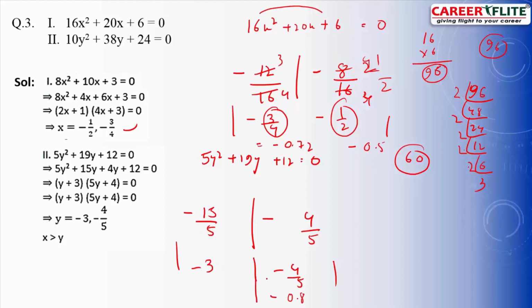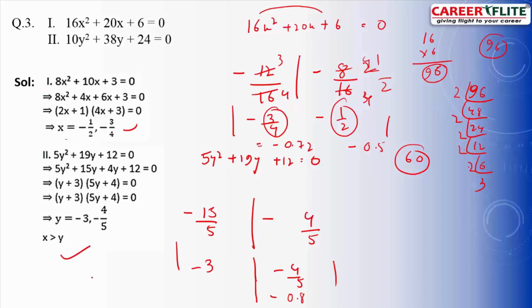So here you can clearly see that both values of x are greater than both values of y. This value of x is greater than this value of y and this value of y. This value of x is also greater than this value of y and this value of y. So x is greater than y.